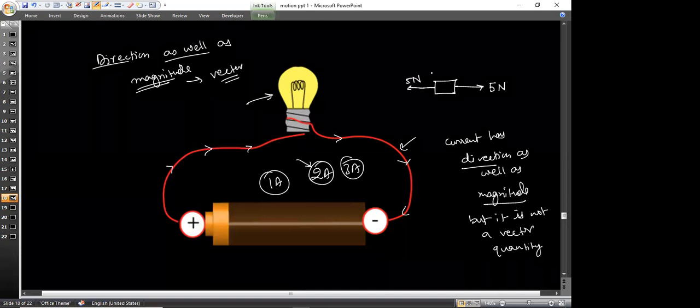Will this object move? No, the object will not move.